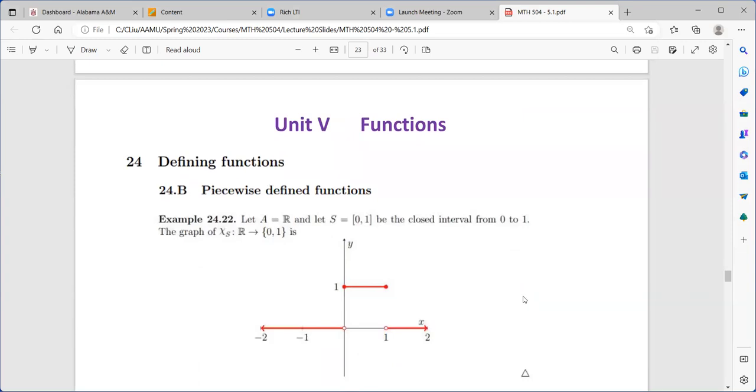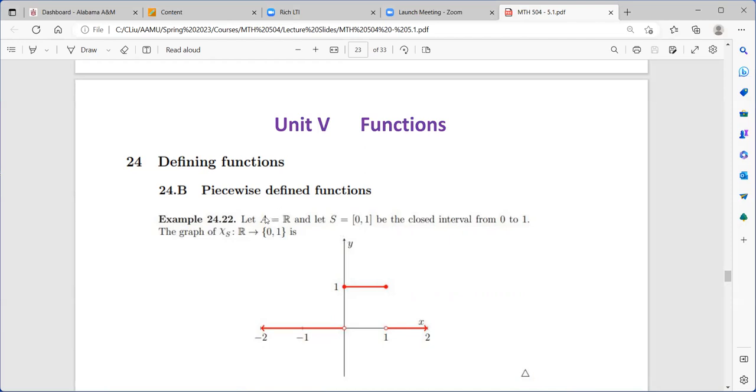Let's graph this characteristic function. In this example, the set A is the set of all real numbers, and the set S is the numbers from 0 to 1, that is the closed interval from 0 to 1, including both 0 and 1.